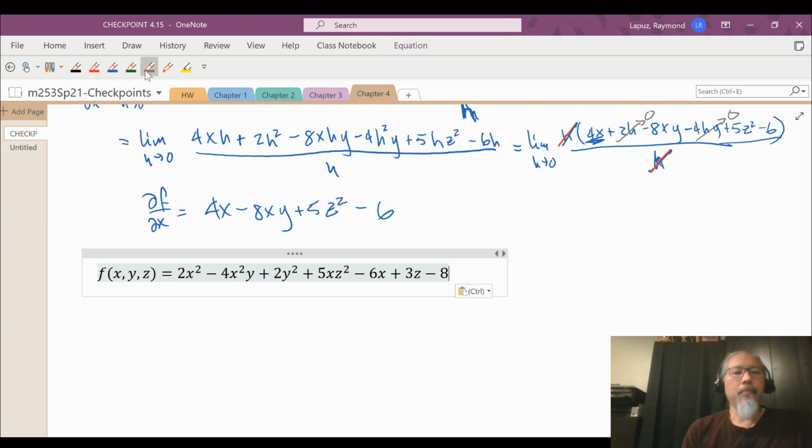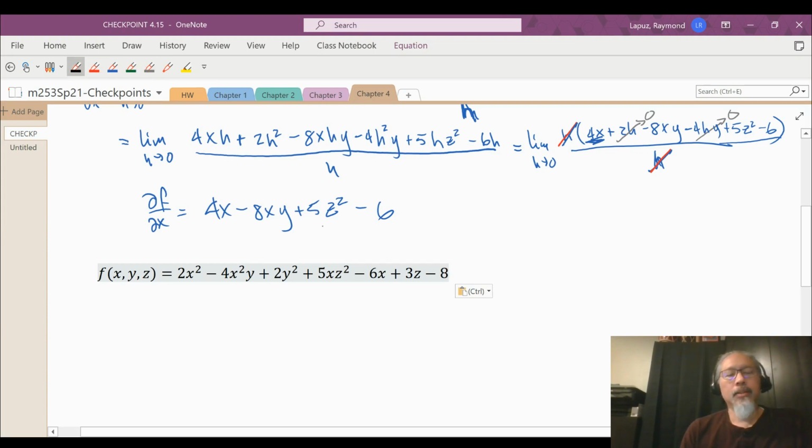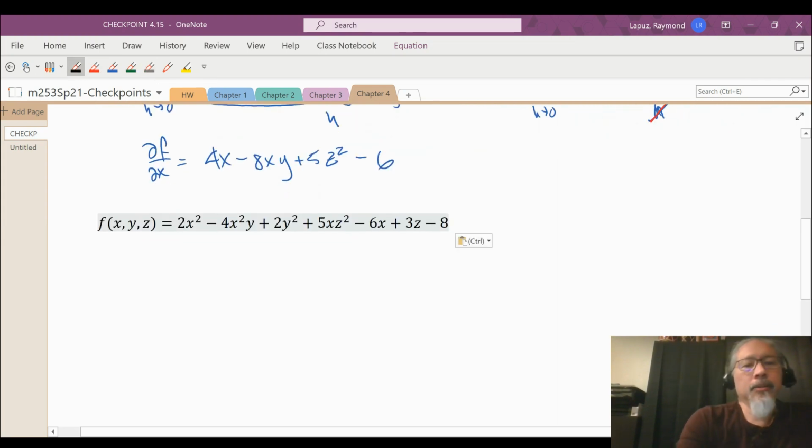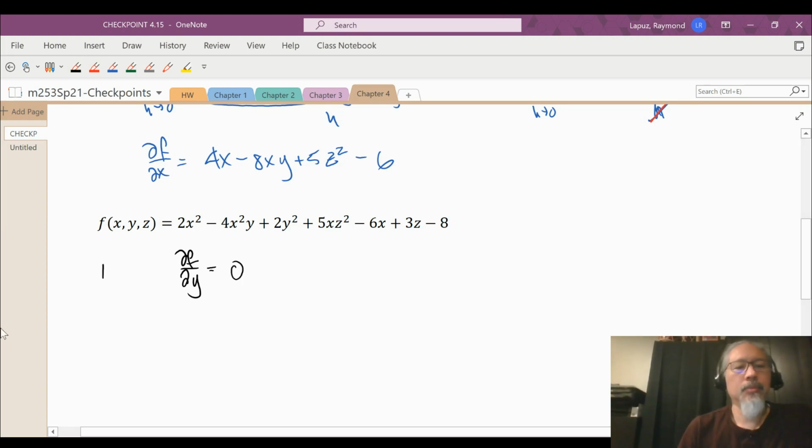So let's go ahead and do them. Okay, the partial of f with respect to y, treating x constant and z constant. The first term will be 0. The second term, y is the variable, so the minus 4x squared is constant.